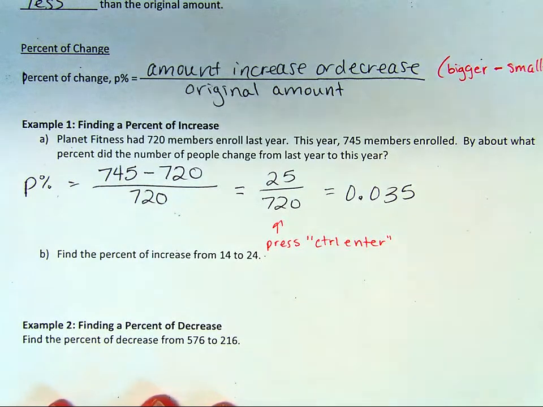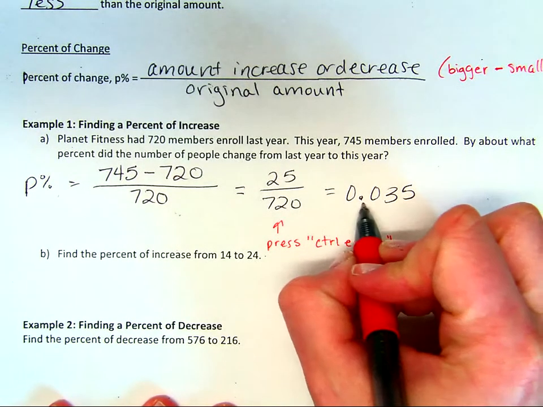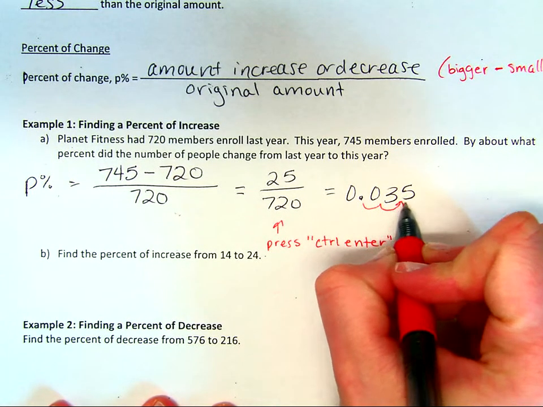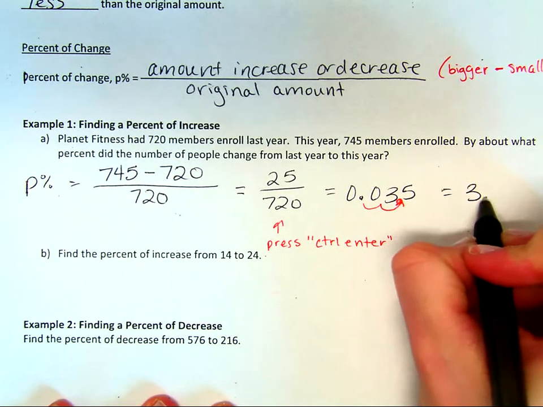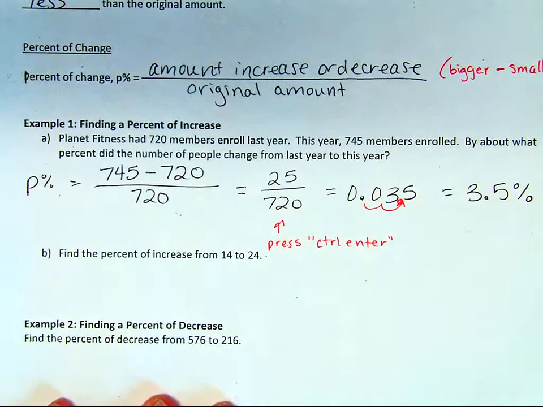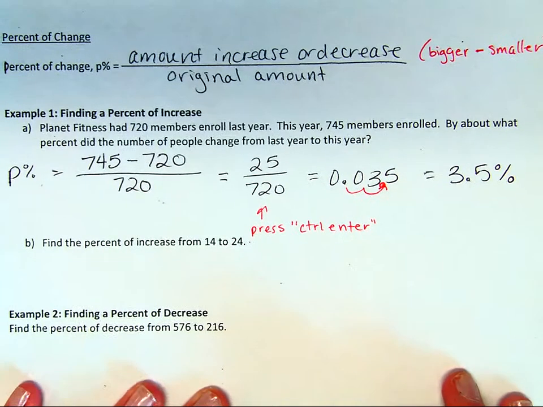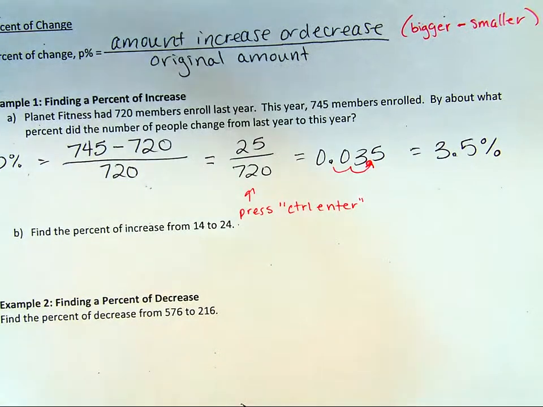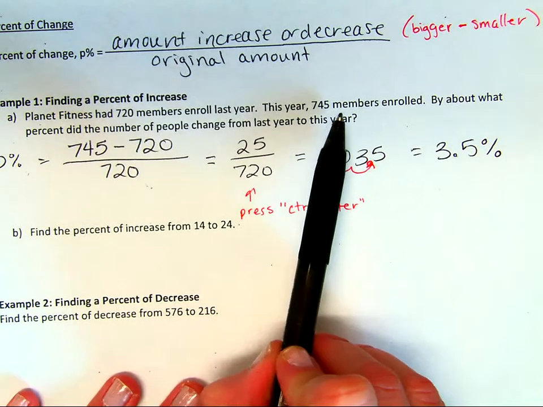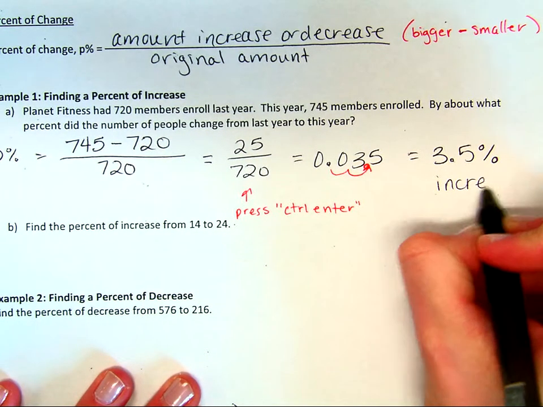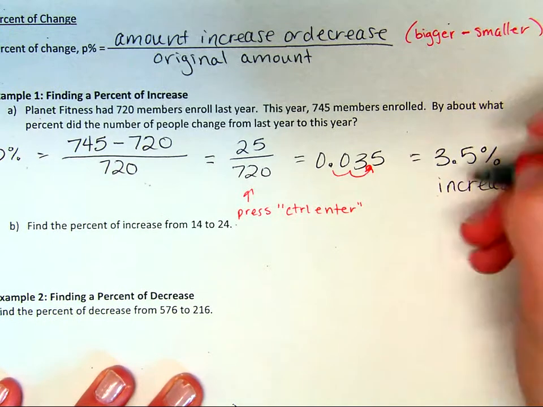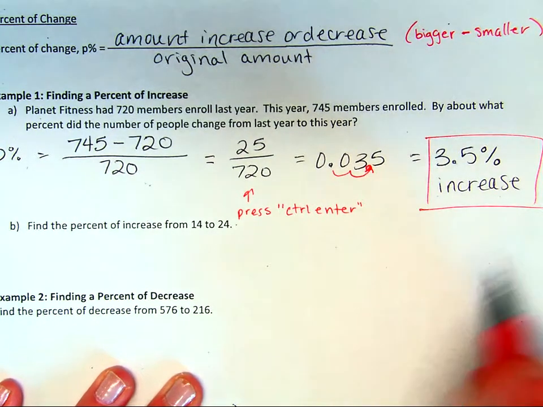So to change a decimal to a percent, we're going to scooch this decimal place over 2 places. So it's actually going to be 3.5%. And then after that percent, you want to say whether there was an increase or decrease. And since the amount of people went up, I'm going to say there was a 3.5% increase. And that would be my answer.